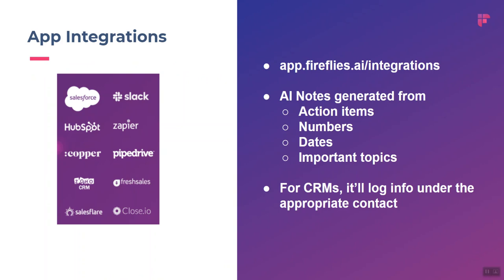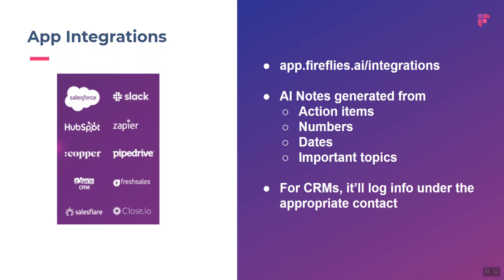Some of the current app integrations we support today: Salesforce, HubSpot, Copper, Zoho CRM, Pipedrive, Freshsales, Close.io, all these CRM integrations. We also have a Zapier integration, so if you have other custom integrations or custom places you want to route it to, you can do that. We also have an API that's coming out, and if you're interested in the API or the business tier, you can reach out to us.